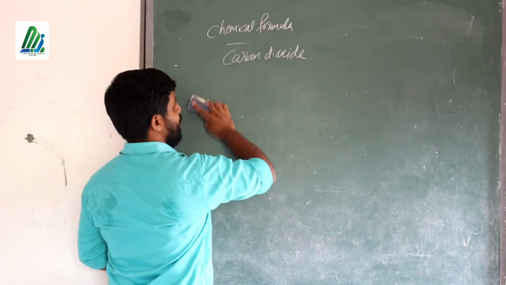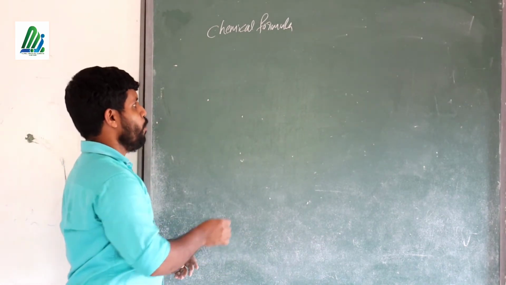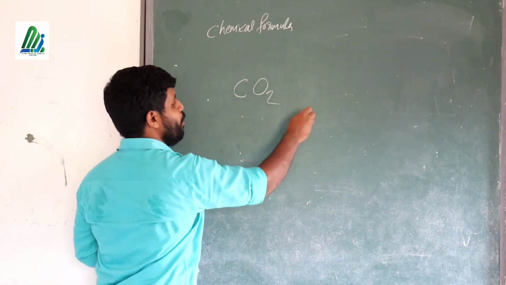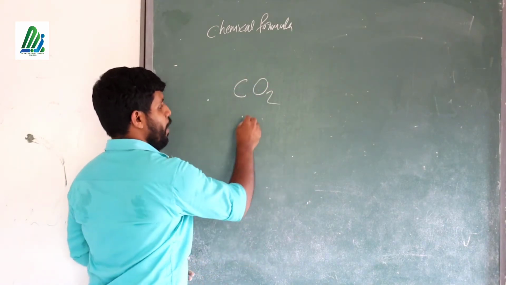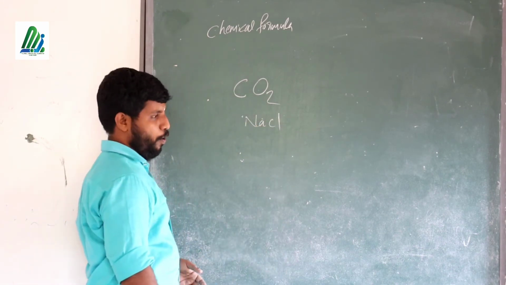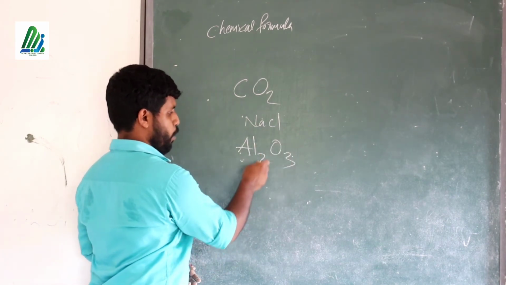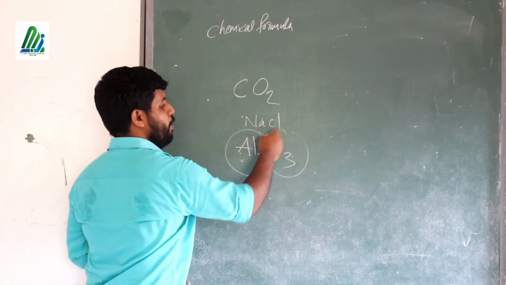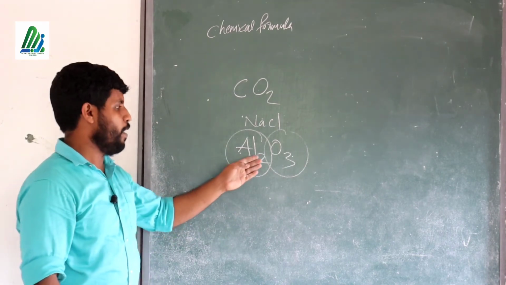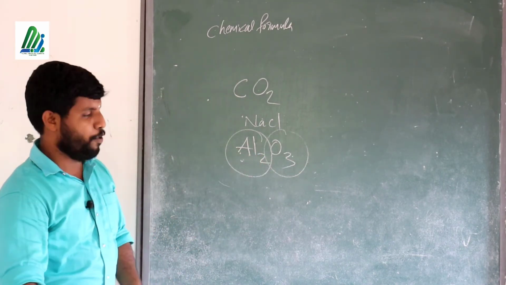So the chemical formula is written using the symbols of the elements and their valencies, showing the number of atoms required to combine with another. One carbon atom combines with 2 oxygen atoms in carbon dioxide. In NaCl, one sodium atom combines with 1 chlorine atom. In aluminium oxide, Al2O3, 2 aluminium atoms combine with 3 oxygen atoms. Thus we are able to know this from the chemical formula.